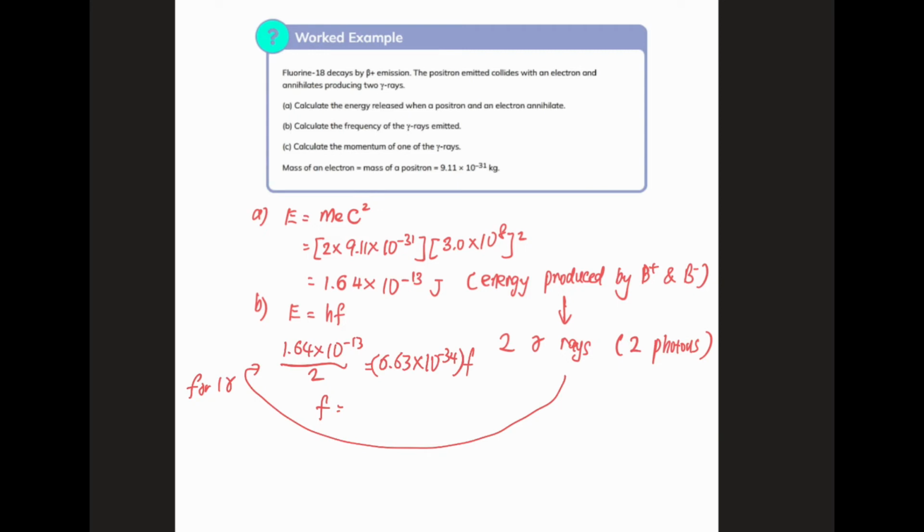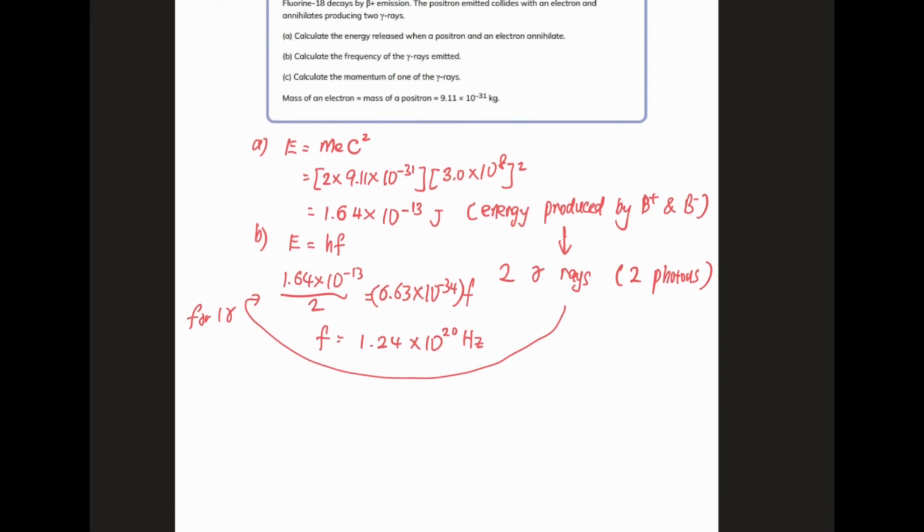Okay, so we get the frequency as 1.24 times 10 to the power of 20 Hertz. Okay, so that's the answer.